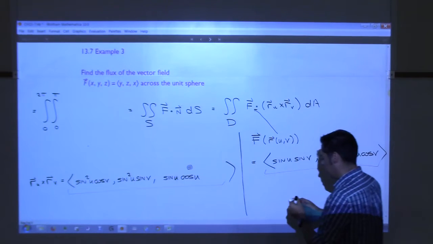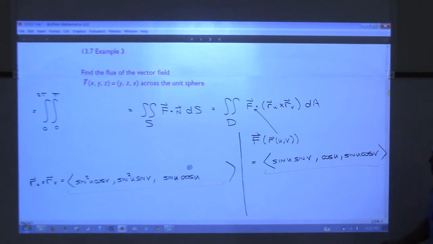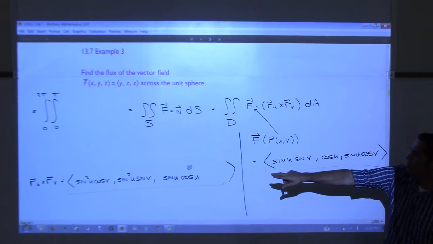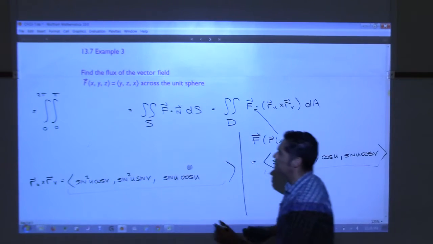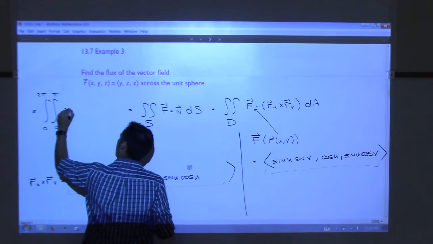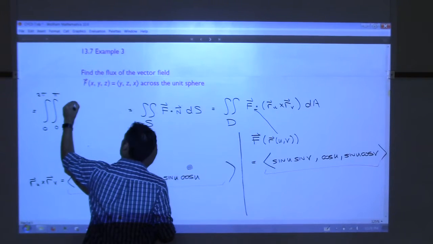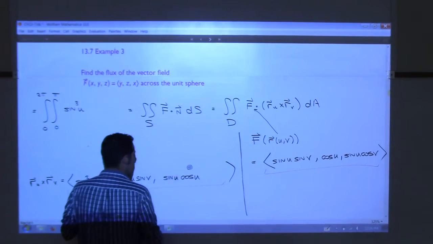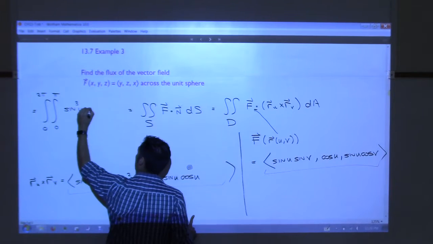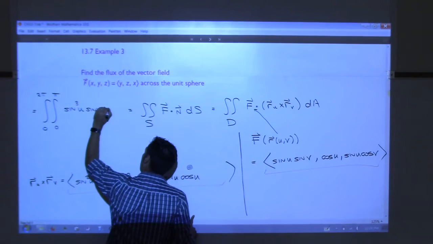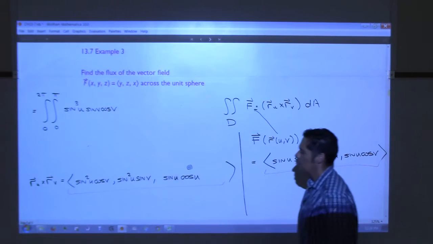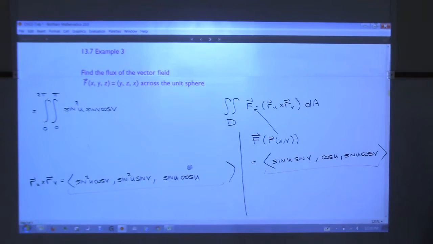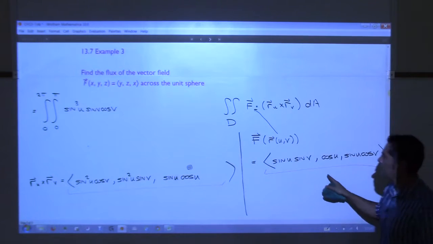Dot products are the easy ones, right? So what do you get when you do this and that? Sine cubed u sine v cosine v. Plus, because it's a dot product, right? Plus what?